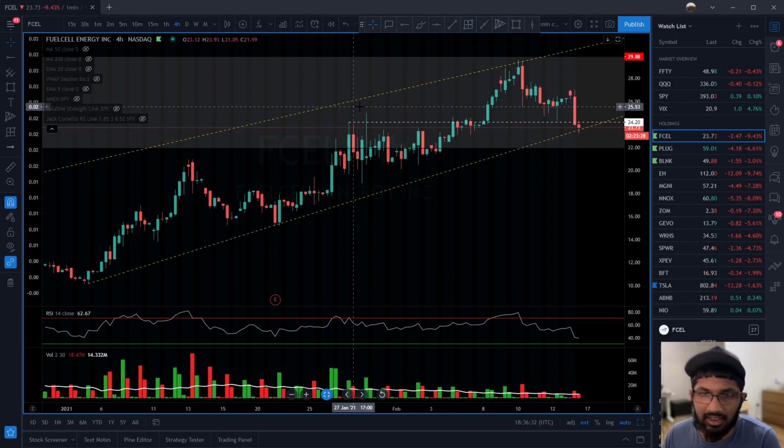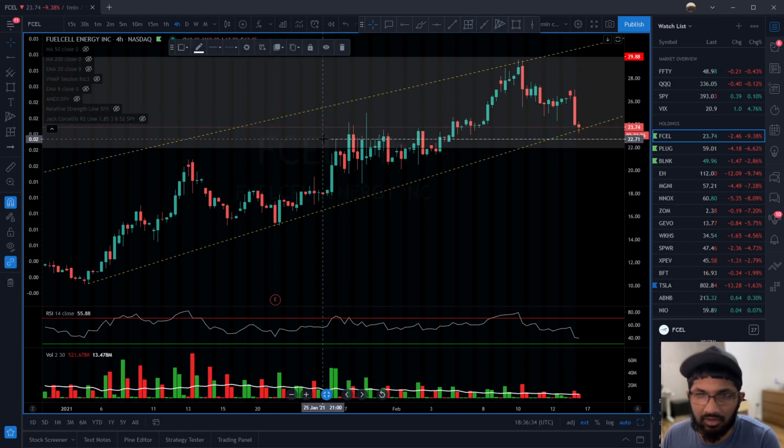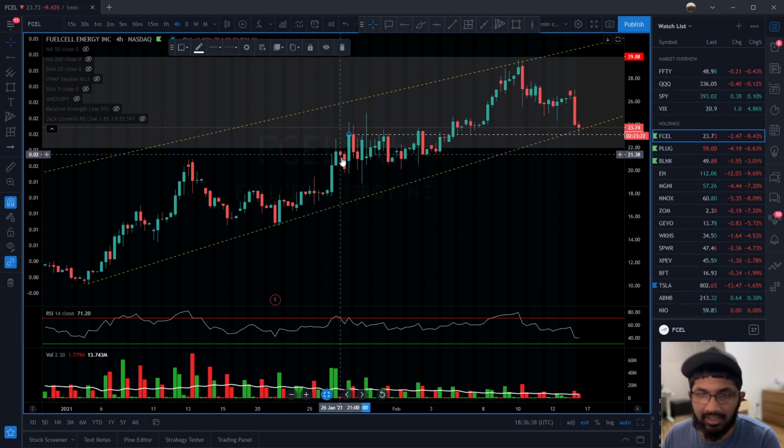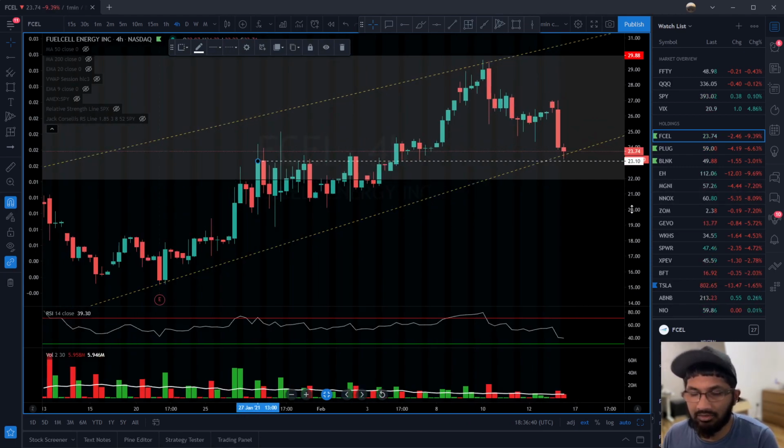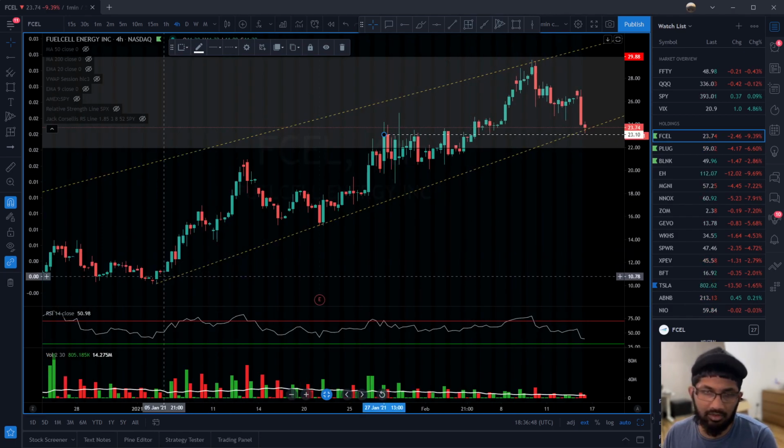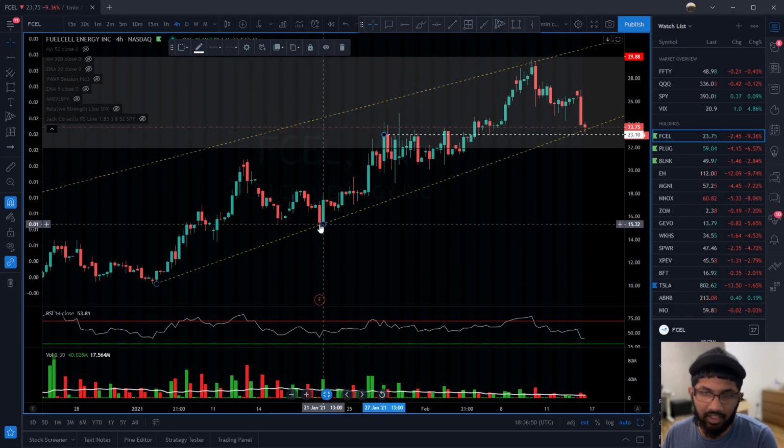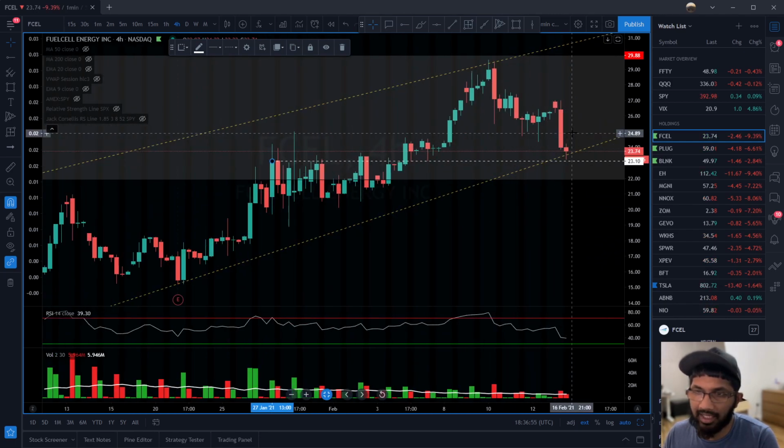Now what we want to see is, can it get some support around these sort of marks here? And this is exactly where it's at, the 23.10 mark, where it's trying to get some support, and that's exactly where the yellow line is from our ascending support, which is 1, and then we're back here again.